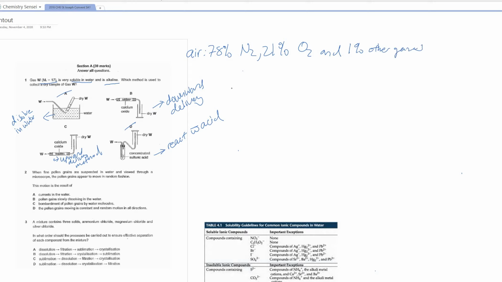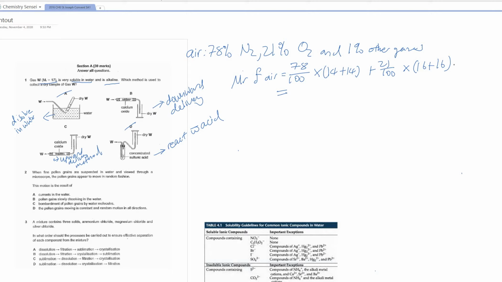So the molecular weight of air is 78 over 100 times the molecular weight of nitrogen gas, which is 14 plus 14, plus 21% of oxygen gas, which is 16 plus 16.